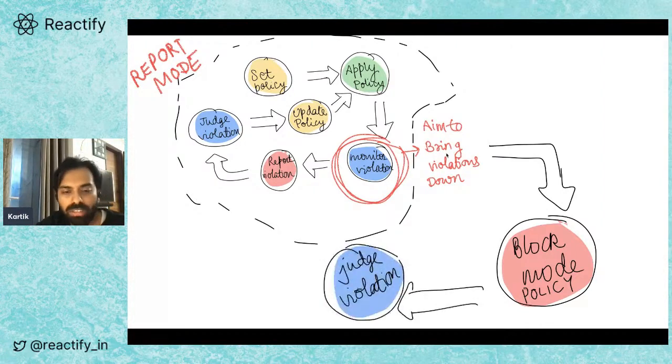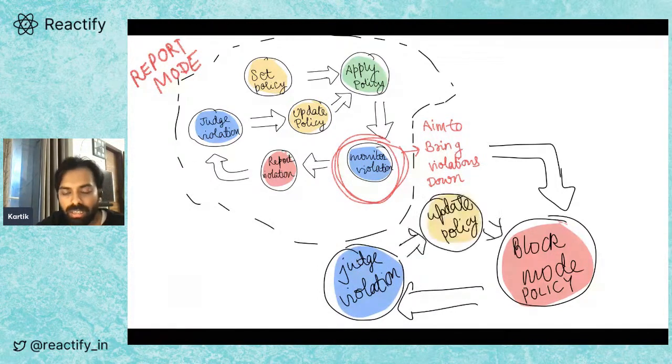And again, you can do the same thing which you were doing before. You can again judge the violations and update the policy again, and keep on updating it. So you are on the safer side basically after this block mode policy happens, because this is where it actually starts blocking untrusted resources.